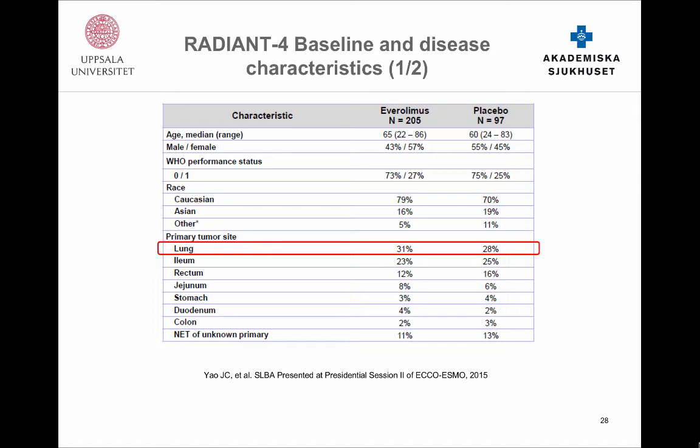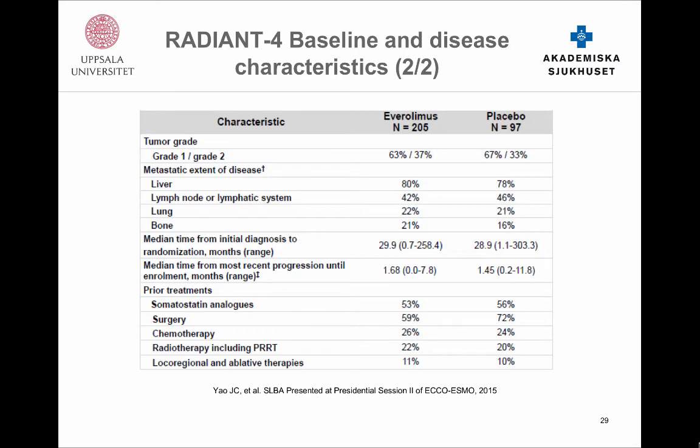And if you look between the two arms, the placebo arm and the everolimus arm, this is very important to look at. You can see this is very well balanced, the type of tumors that were included, and the age and the WHO performance and so on. So it was a well-done study, excellent study.